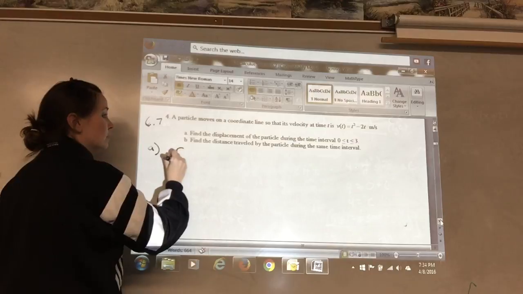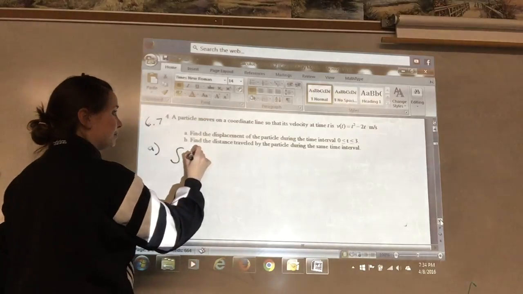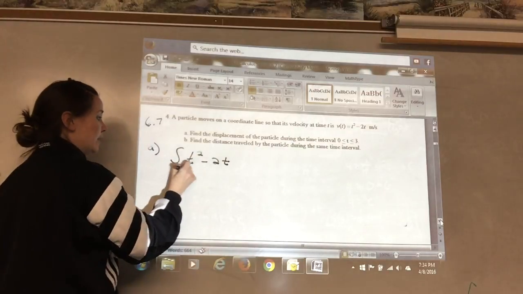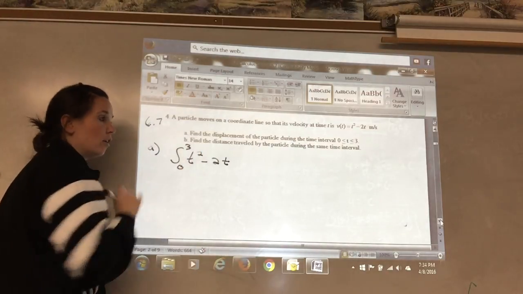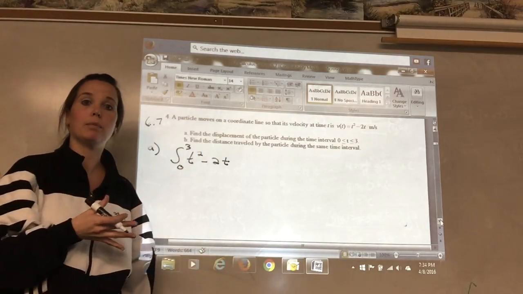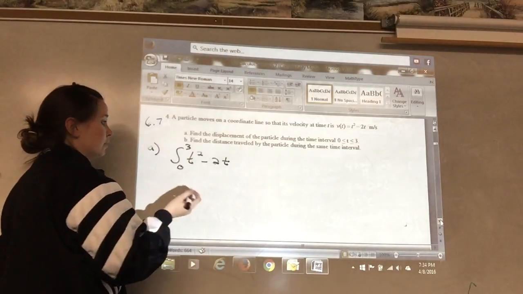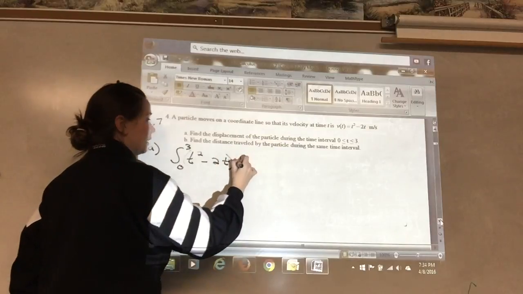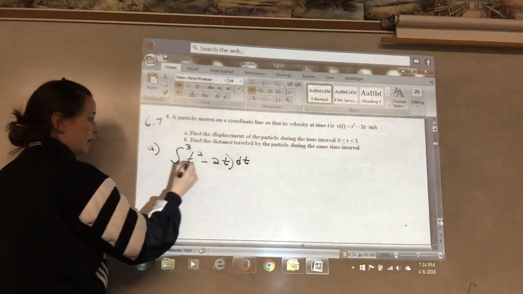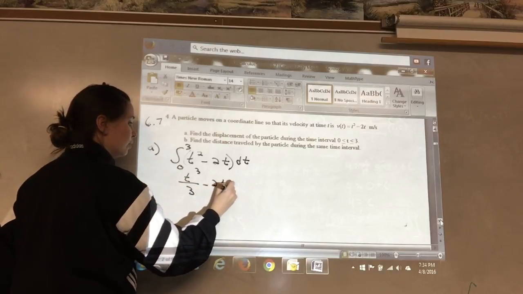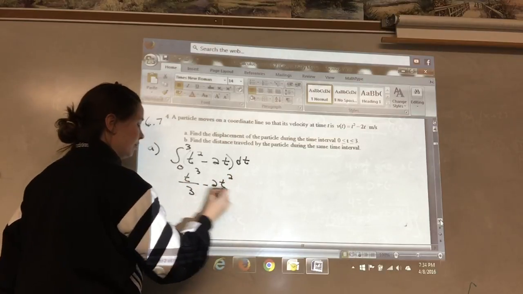Here we go. So I take my velocity function and integrate that from 0 to 3. When I take the integral, remember that's actually turning this into the position, so I'll evaluate my position at two different locations. Let me just write my dt. Let's write our integral, so t to the third over 3 minus 2t squared over 2.